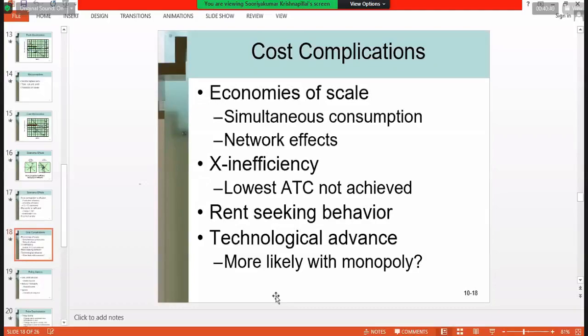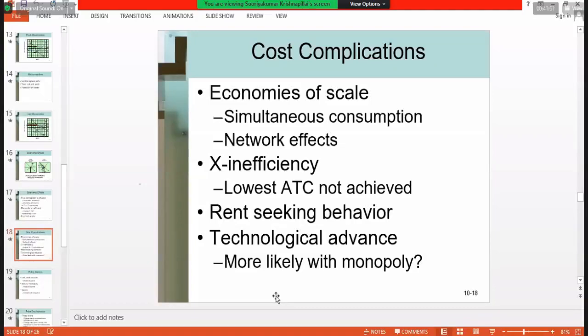So their total cost decreases when many consumers use it. So simultaneous consumption is one reason for the economies of scale. Total average cost decreases when more consumers buy or use that product.